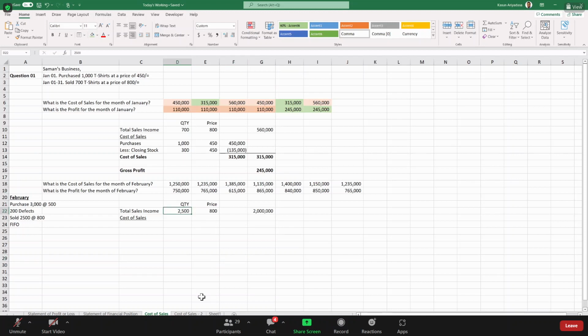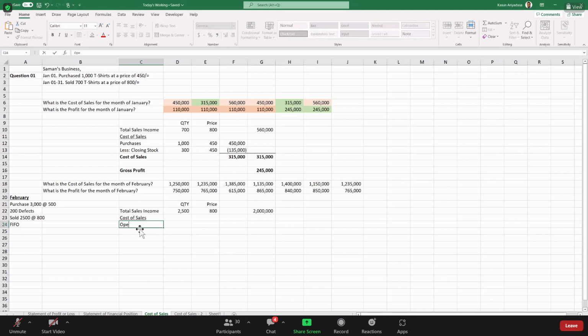So what is the cost that is connected to this 2,500? There is an opening stock.